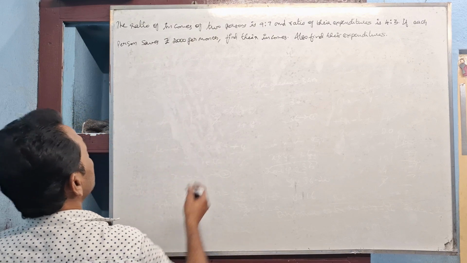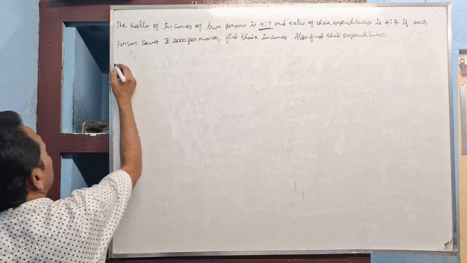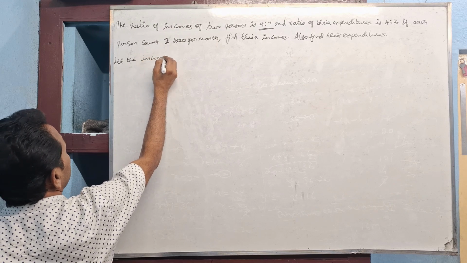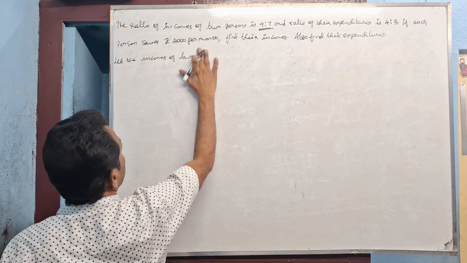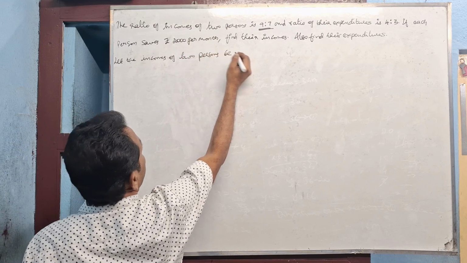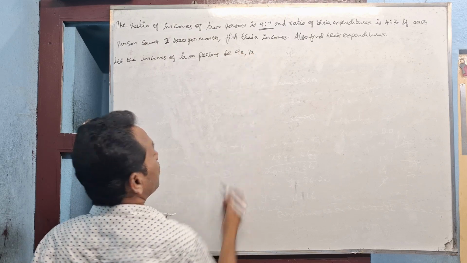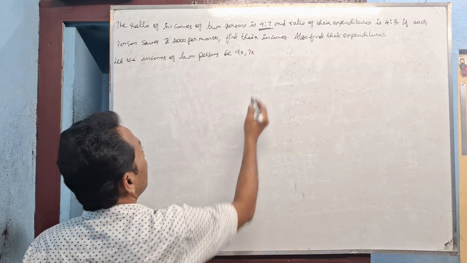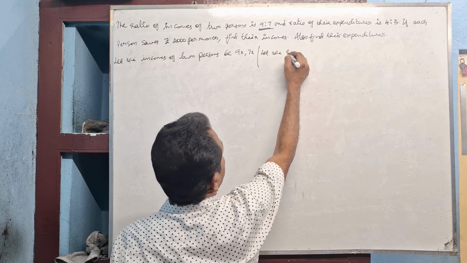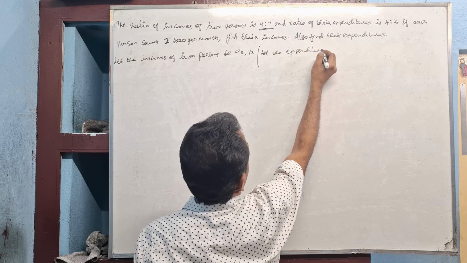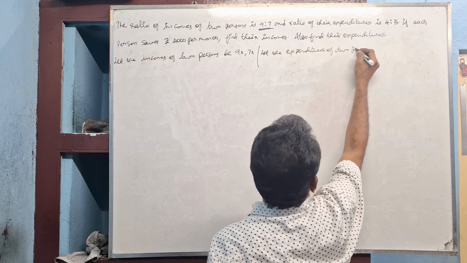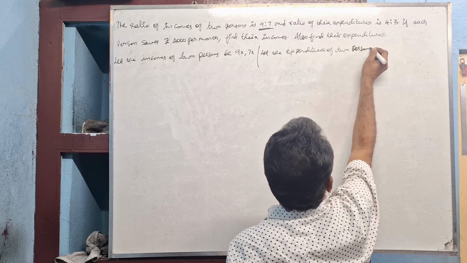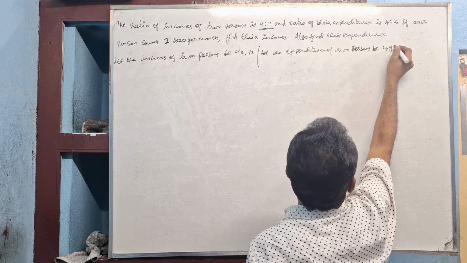Okay, bacho. Now here the ratio of the incomes is 9:7. So let the incomes of two persons be 9x and 7x, and let the expenditures of two persons be 4y and 3y.